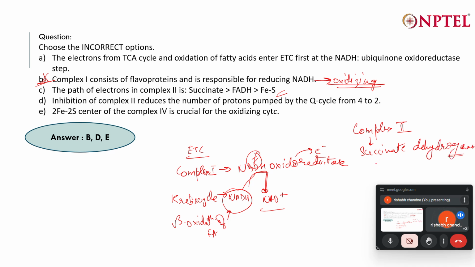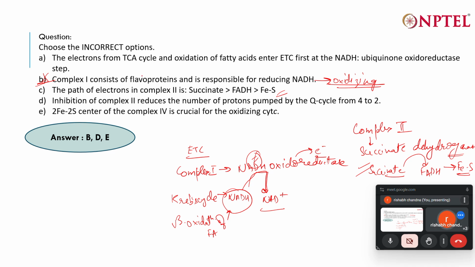Okay, so this converts succinate, and then it directly transfers the electrons to FADH. This FADH transfers the electrons to FeS proteins that are present in the structure of succinate dehydrogenase itself. Okay, so the path of the electrons is succinate to FADH and then to FeS.